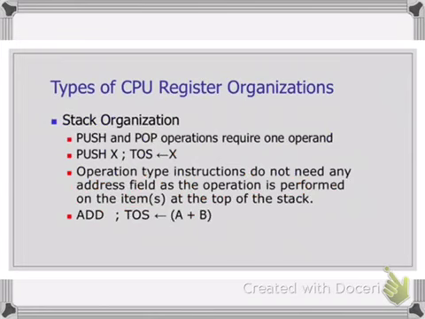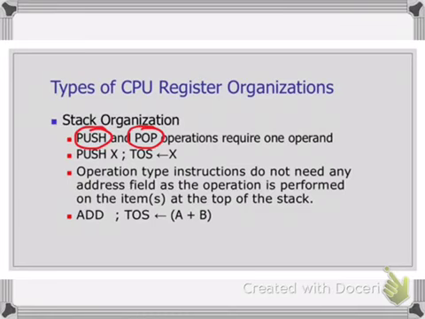The third type is known as stack organization. In a stack organization, you have 2 main operations: push and pop. The push operation, as you know, is used for storing something at the top of the stack, and pop is used for removing the element at the top of the stack. For push and pop operations, it will take one address.